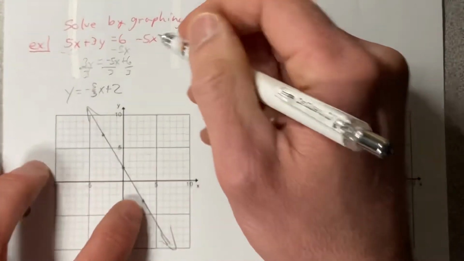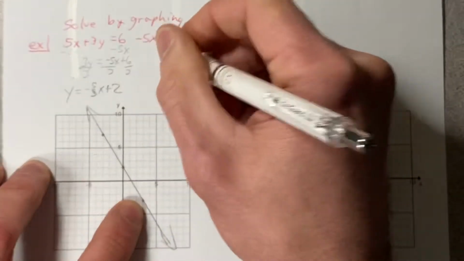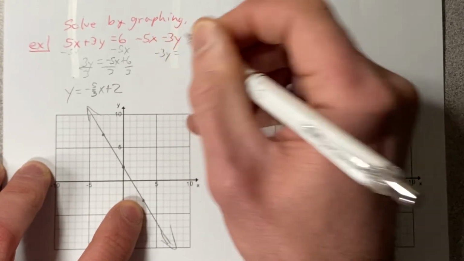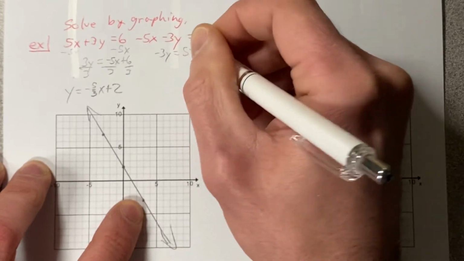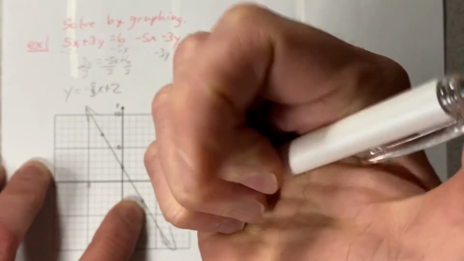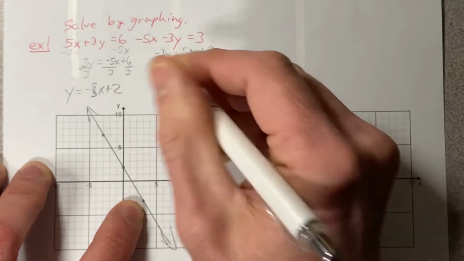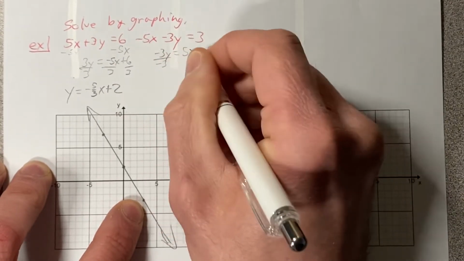And then let's go and work on our second equation. I'm going to add the 5x over, so I'll get -3y = 5x plus 3.